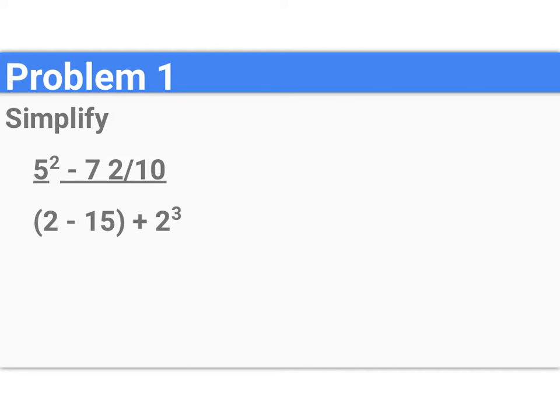Okay, well, this is written a little sloppily for us, so let me rewrite it. So it's 5 squared minus 7 and 2/10. And the bottom is the bottom. So remember, you're solving the bottom separately from the top. So we're going to put this in the calculator and work it out for 25 minus 7 and 2/10.